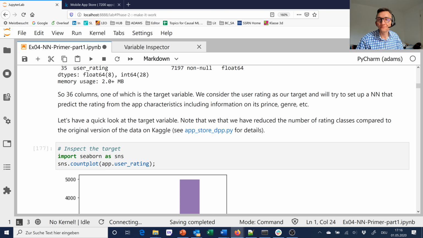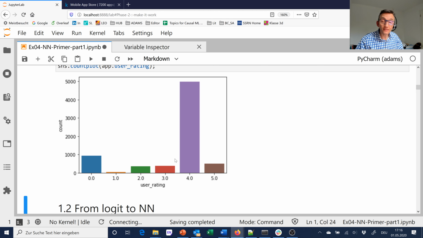You could give an app 0.5 stars, but virtually nobody did that. So many of the rates were very sparsely populated. Because of that, I decided to reduce this 10 or 11 class problem to a 6 class problem where we have rating grades from 0 to 5.